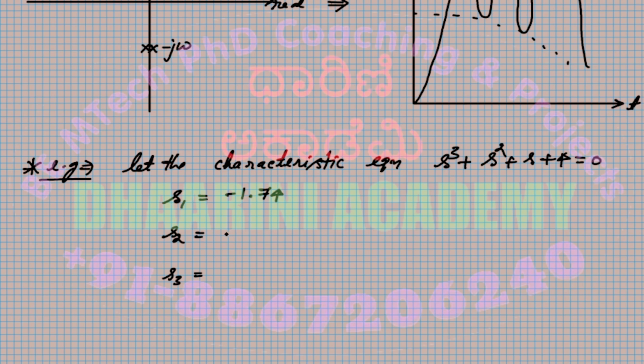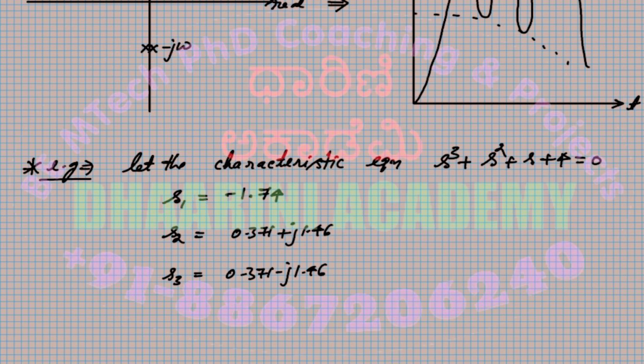No problem. Give the complete real and imaginary parts. The next is 0.371 plus j 1.46. So the other one will be 0.371 minus j 1.46. Now you try to identify the position of these poles, right?